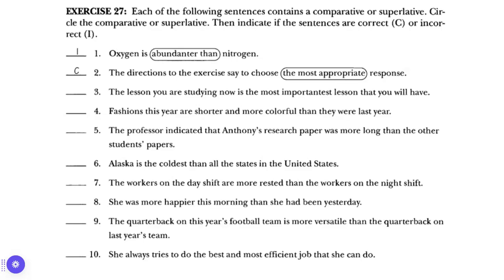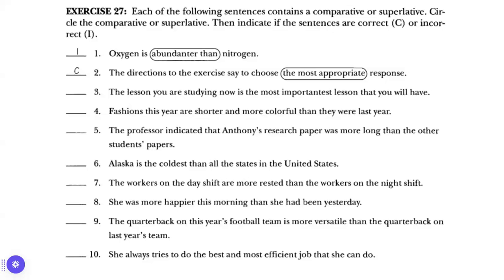Okay, so let's check. We already talked about 1 and 2, so let's go straight to number 3. Number 3 is incorrect. "Important test" should be "importanter." Number 4, correct. Number 5, incorrect. "More long" should be "longer." Number 6, incorrect.